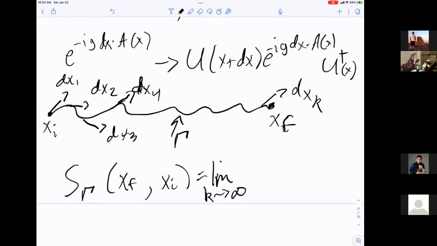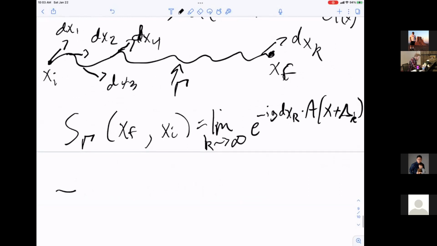I want an infinite number of them, so k is going to go to infinity. I guess I'll write it this way. There'll be e to the minus i g dx k dotted into A of x plus my displacement up to that point.